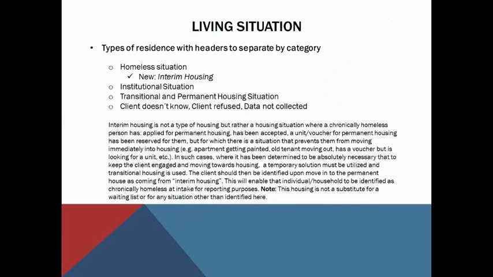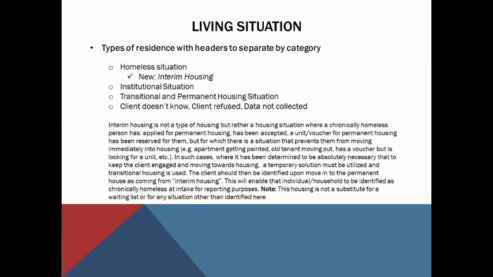In such cases where it has been determined to be absolutely necessary to keep the client engaged in moving towards housing, a temporary solution must be utilized and transitional housing is used. The client should then be identified upon move-in to the permanent house as coming from interim housing. This will enable that individual or household to be identified as chronically homeless at intake for reporting purposes.